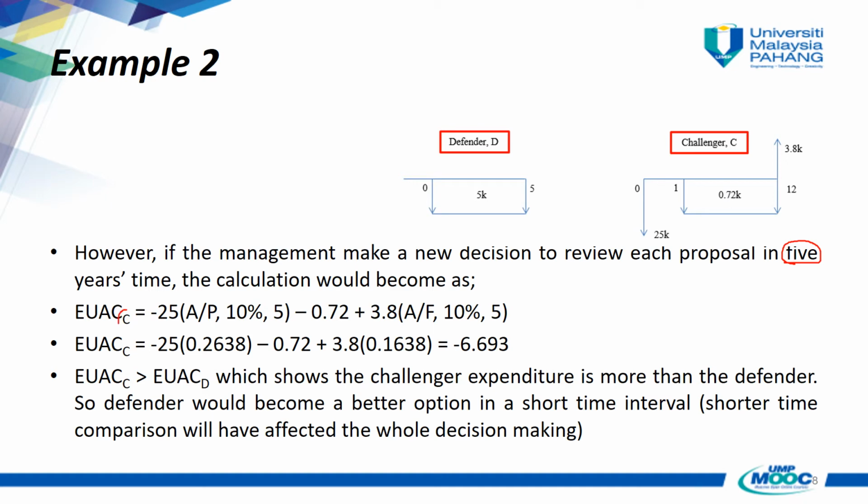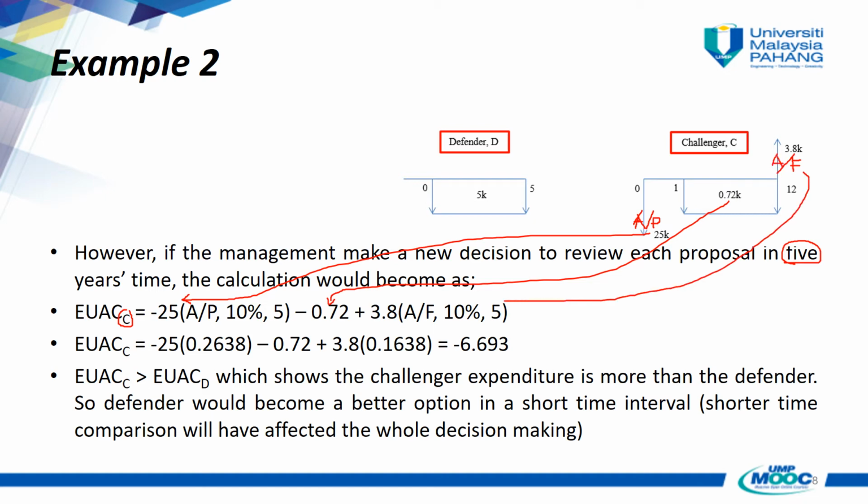EUAC for C is equivalent to 25,000 multiplied by finding A when you know the P, because this 25,000 is P, minus 0.72, which is in the form of A so there is no need to transfer it, and then plus 3.8, which is our F, so we need to transfer it to become finding A when you know the F, in 5 years' time. Remember, in 5 years' time instead of 12 years previously.